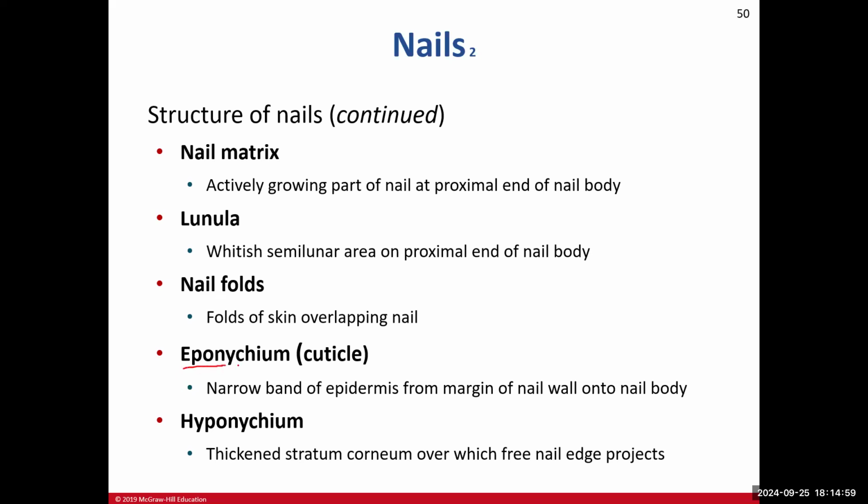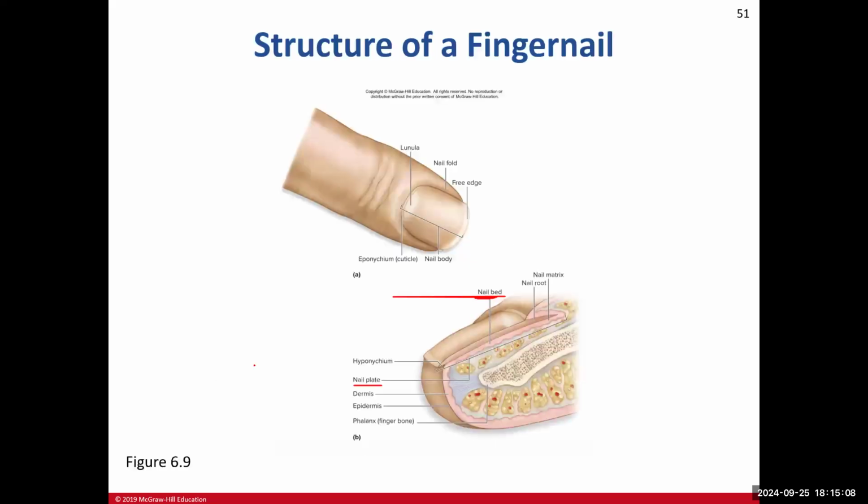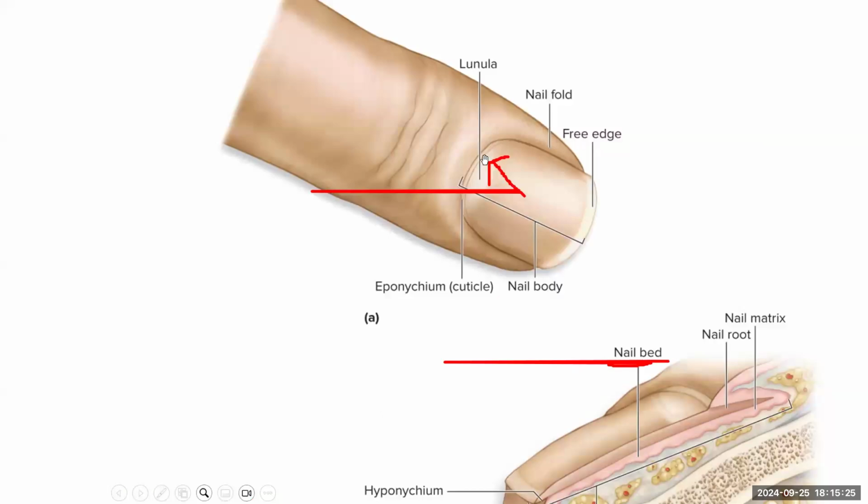All right, so the cuticle is that bit of skin, and you can see it on your own nails, that overhangs from your skin onto your nail. So that's this part here. This little, I'm afraid to draw it, but that little bit of skin here. There, actually, let me zoom in. There it is, this little ridge of skin here. That's the cuticle, also known as the eponychium there.